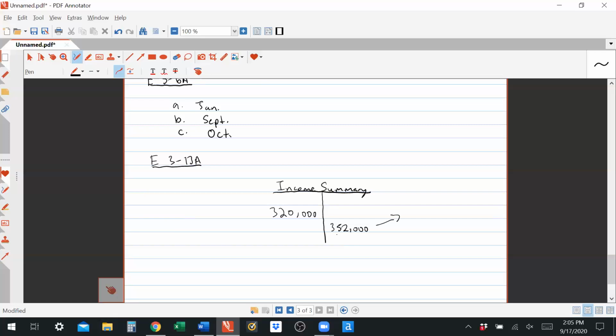So this is the total revenue and this is the total expense, basically. This is why companies sometimes use an income summary account, because you can clearly see the total revenue, total expense, and the difference, which is net income.